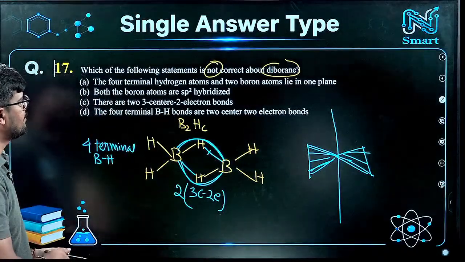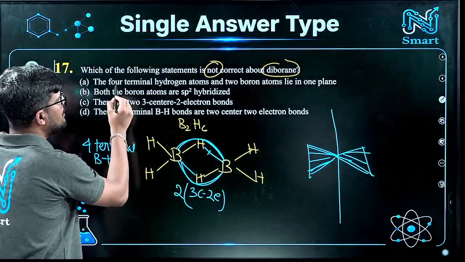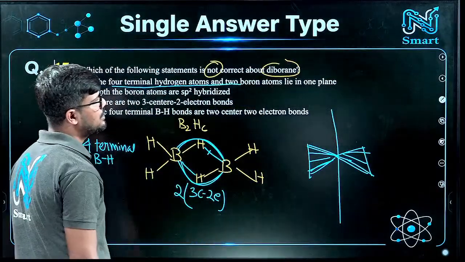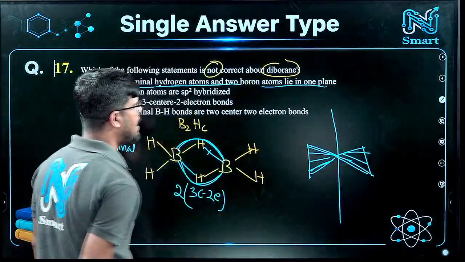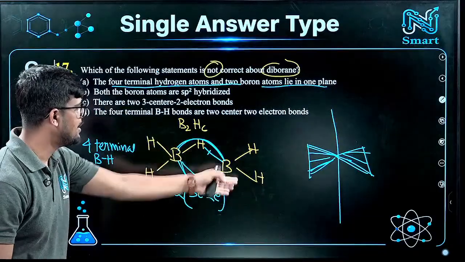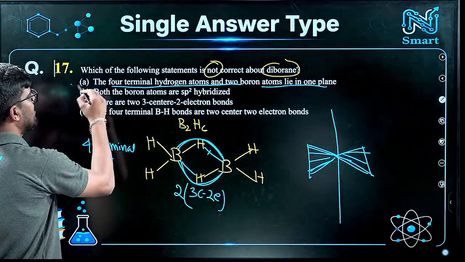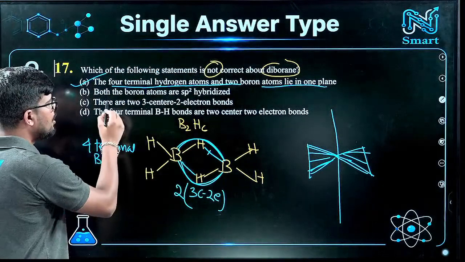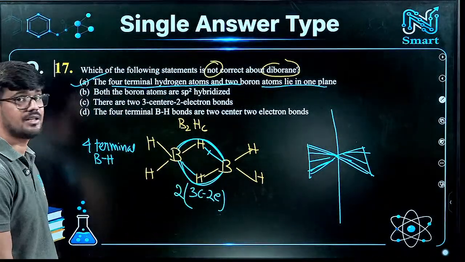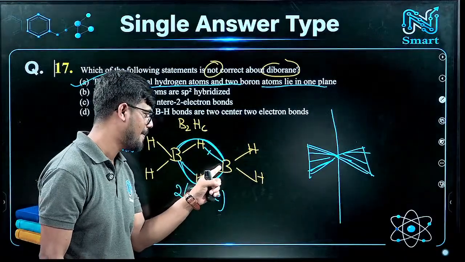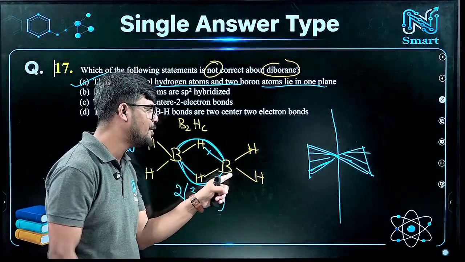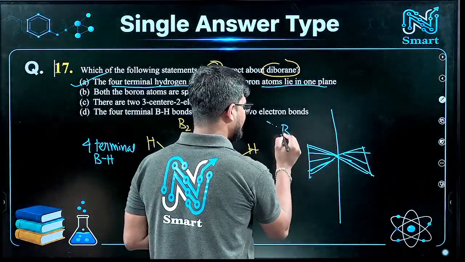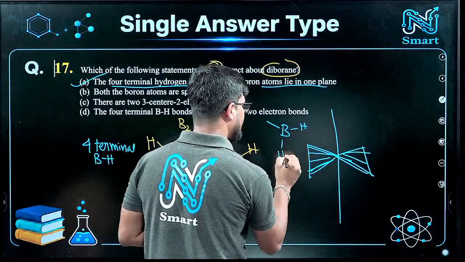Now read the options. 4 terminal hydrogens and 2 boron atoms lie in the same plane. Yes, 4 hydrogens and 2 borons are lying in the same plane. This is a correct statement. They are asking for the not correct one. Both the boron atoms are sp2 hybridized. Here we have this trick. Boron, normally if we consider BH3, yes, it is sp2.